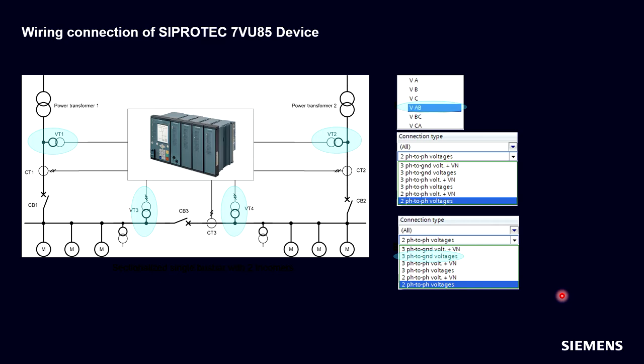If we have only the single-phase connection types for the motor bus voltage, then of course we cannot provide this ultra fast switching time, because we have only one voltage to make the calculation for the frequency.